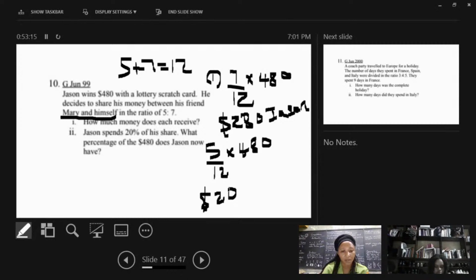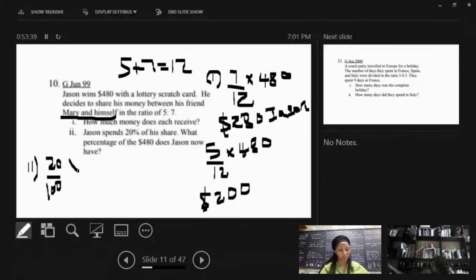Jason spent 20% of the share. What percentage of the 480 does Jason now have? So let it be 20 over 100 times 480 over 1. The zeros cancel.